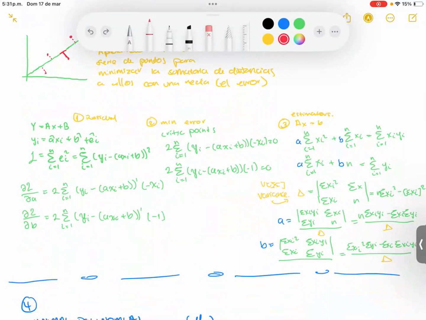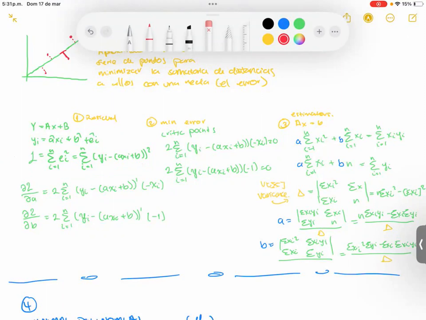Basically, in the analytical way, we get the errors, the difference between the real value of y and the linear approximation that we have generated, elevated to square. This is the sum of the square error.